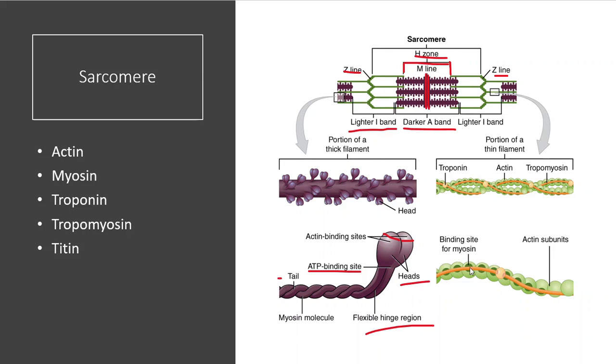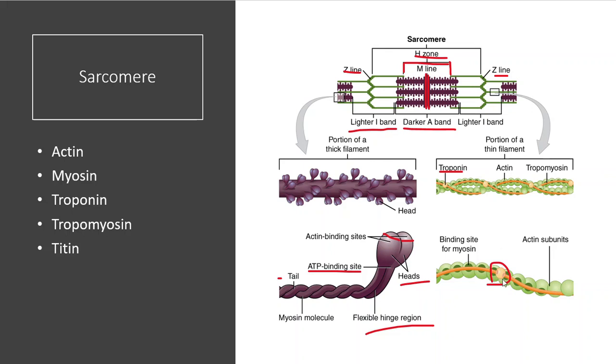Here's the actin. And if you look at it, it's two strands that are kind of twisted around each other. Now, on that actin, you have these guys right here, and these guys are called troponin.